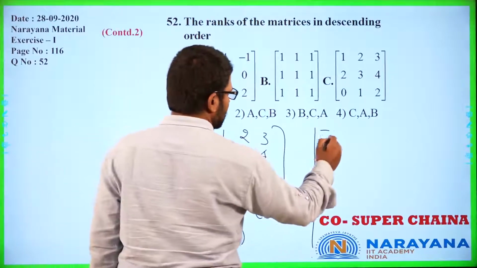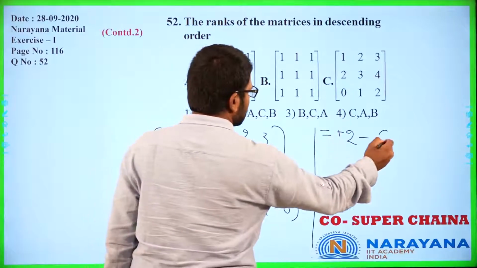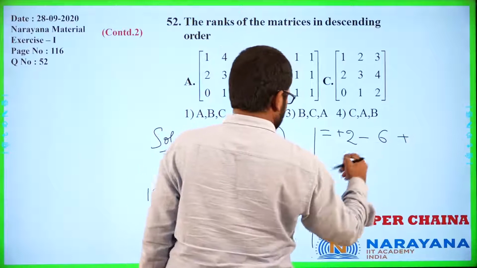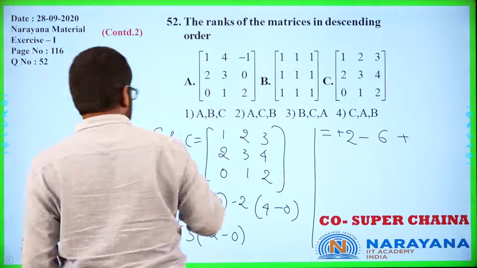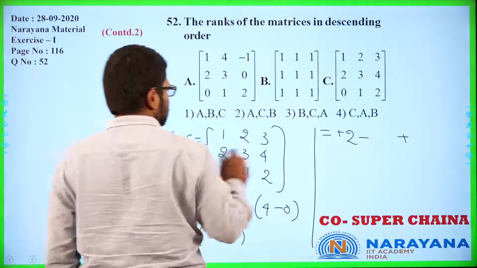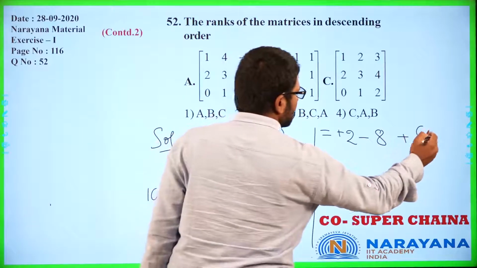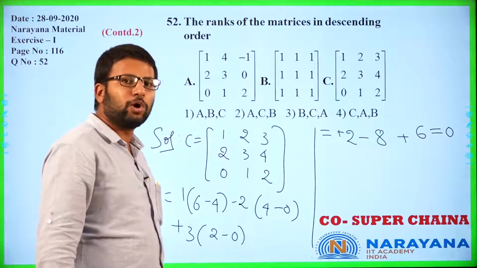So that is plus 2, and then minus 8 and plus 6. Clearly it is 0, which means its rank could be 2 or 1.